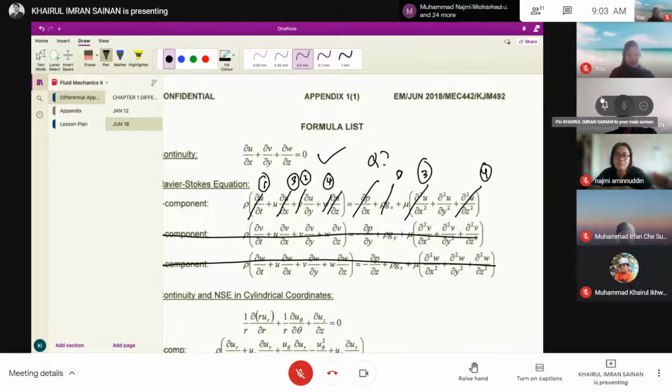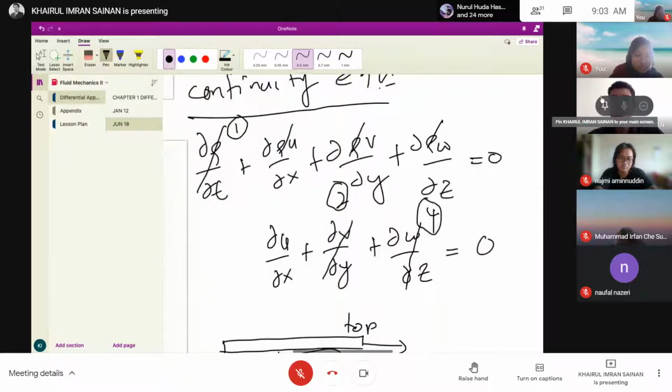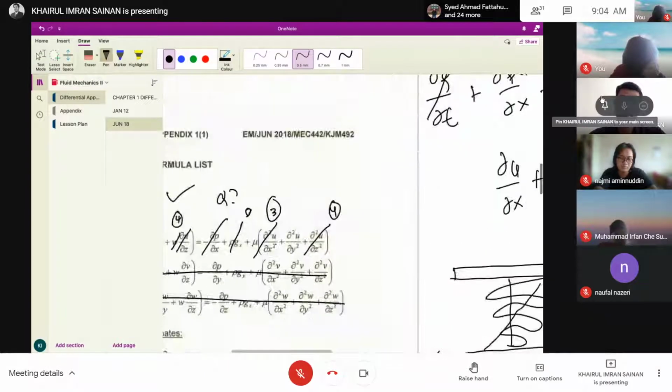Next is del u over del x. I cancel out this one. Number 3. What is number 3? Fully developed laminar. For del u over del x, you can also use the continuity equation, because we already established here that del u over del x equals to 0. So either one.